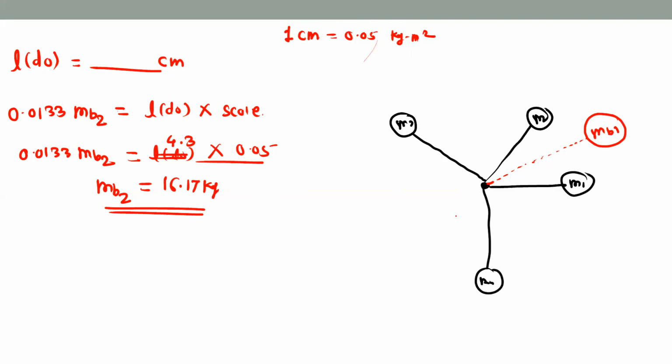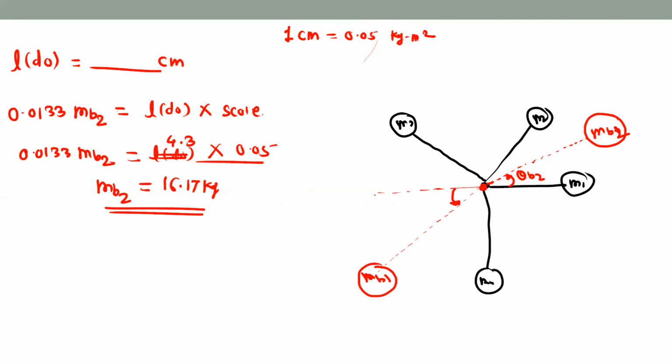For the second balancing mass, refer to the last polygon, that is the force polygon. Somewhere here, you will get the position for MB, sorry, this is MB1 and this is MB2.